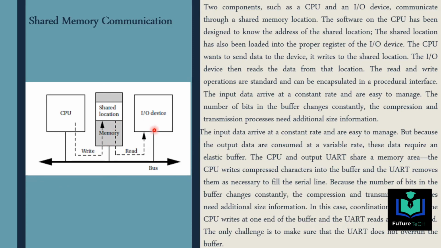The CPU and the output UART share a memory, and the CPU writes compressed characters into the buffer, and the UART removes them to fill the serial lines.